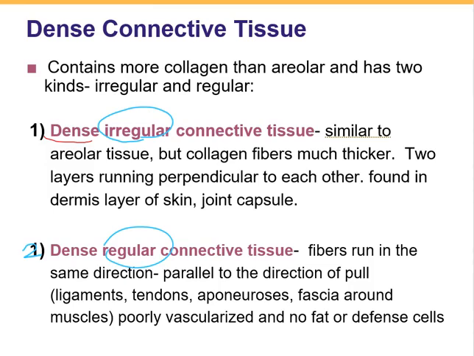Dense regular connective tissue is designed to withstand tension exerted in the direction of the fiber orientation, in just one direction. It provides strong support and attachment between structures. Examples of where dense regular connective tissue is found include tendons, which connect muscles to bone, and ligaments, which connect bones to other bones at joints.